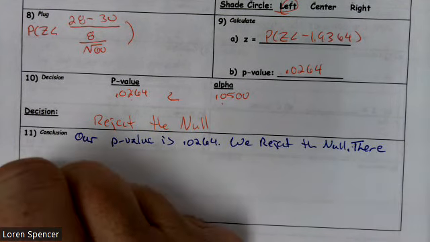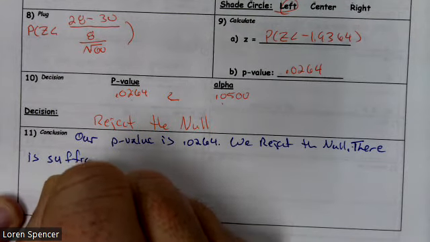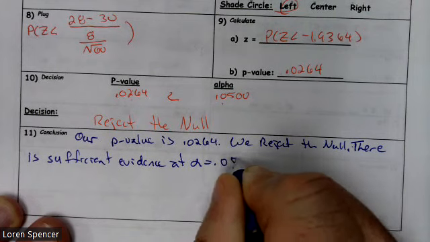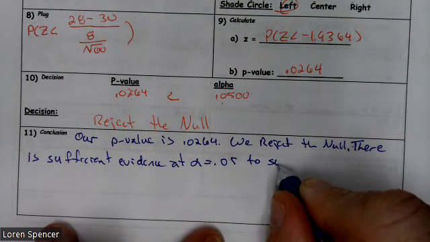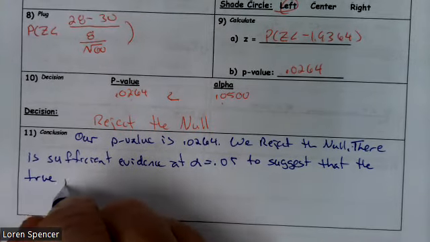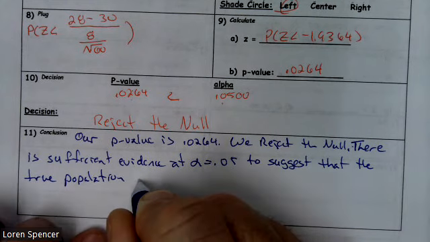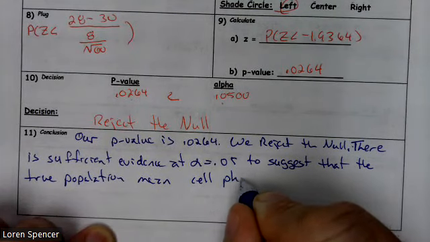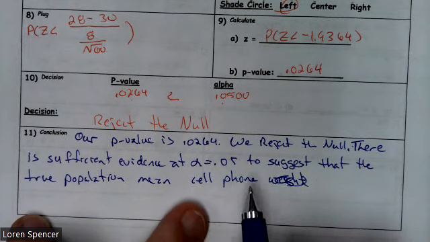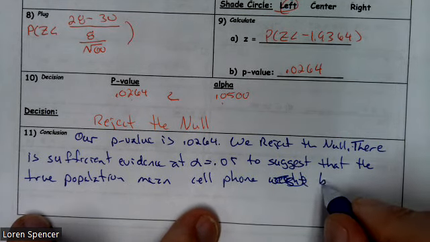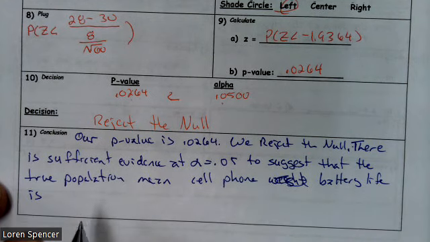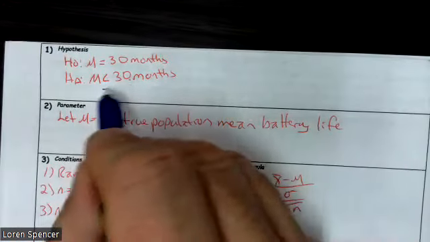We found there is sufficient evidence at alpha equal 0.05 to suggest that the true population mean cell phone battery life is, because that's what it was, what did we say our alternative? Less than 30 months.